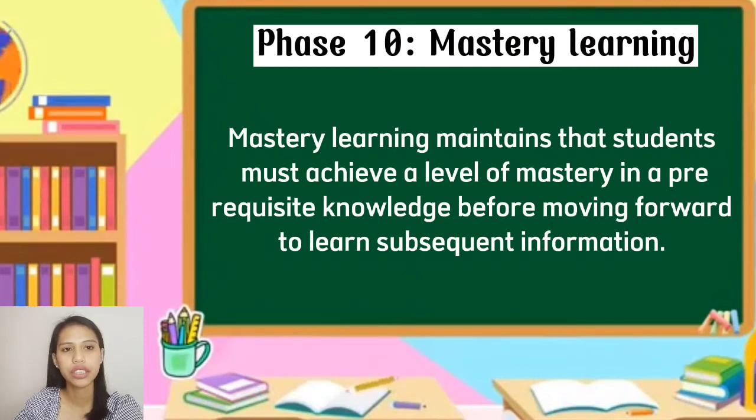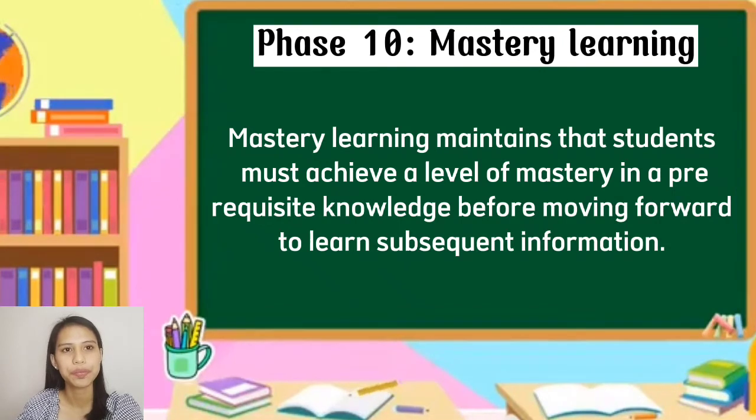Mastery learning, or initially called learning for mastery, or also known as mastery-based learning, is an instructional strategy in educational philosophy, first formally proposed by Benjamin Bloom in 1968. Mastery learning maintains that students must achieve a level of mastery in prerequisite knowledge before moving forward to learn subsequent information.